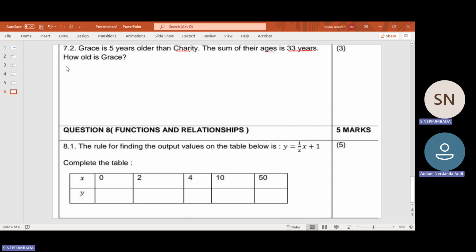Because you don't know the years of Grace and Charity, you must let Charity's age be x.